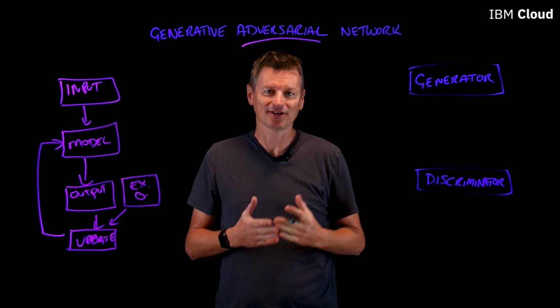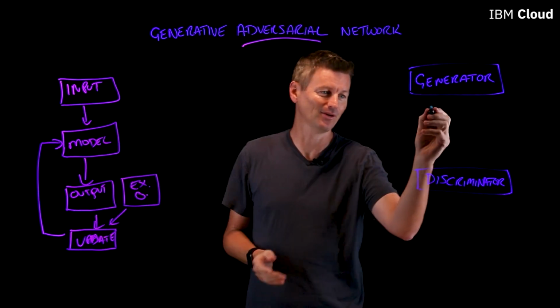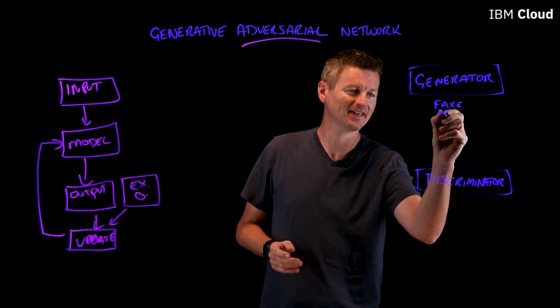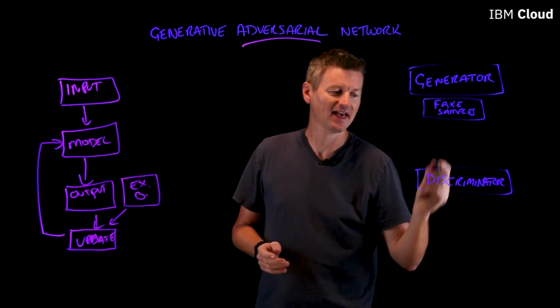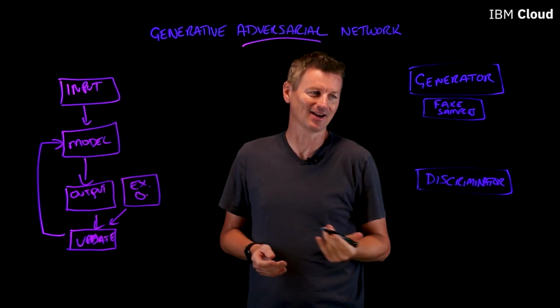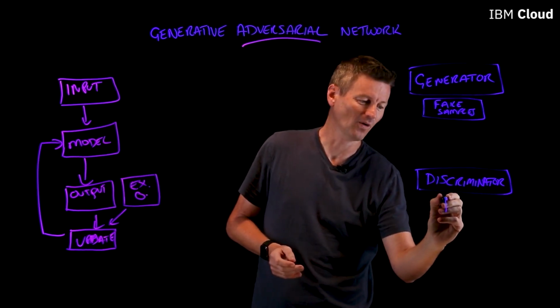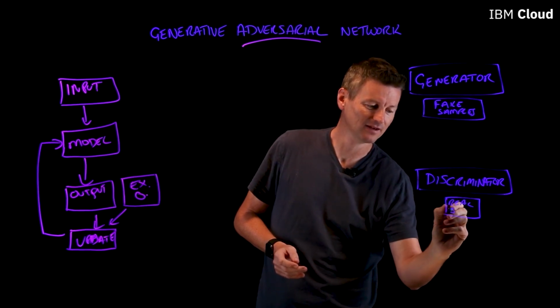Now, the generator's job is to create fake input or fake samples. And the discriminator's job is to take a given sample and figure out if it is a fake sample or if it's a real sample from the domain.